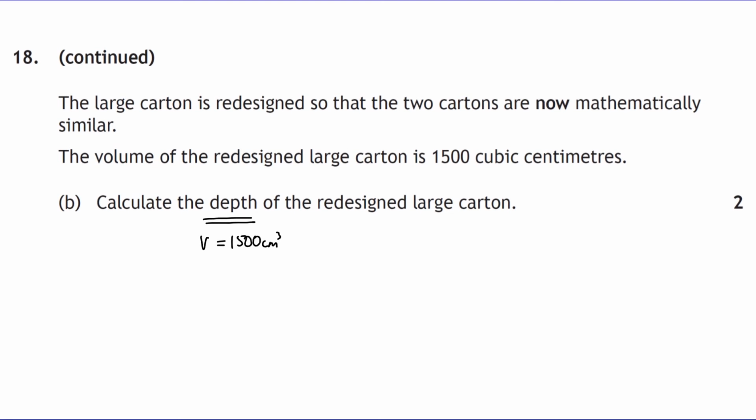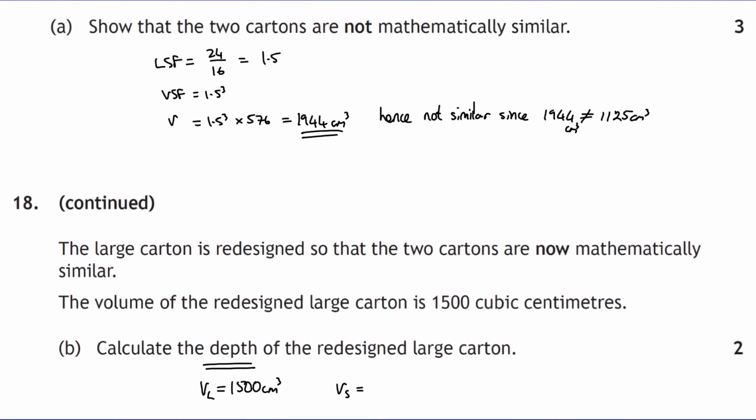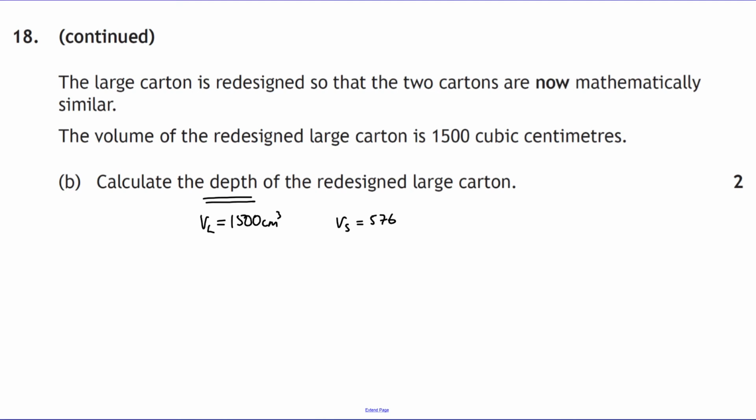So we want the length scale factor. The cartons are mathematically similar, so we've got to find the missing length scale factor. The volume of the larger one is 1,500. The volume of the smaller one is 576. So our volume scale factor for enlargement is 1,500 over 576. 1,500 divided by 576 is 2.604.